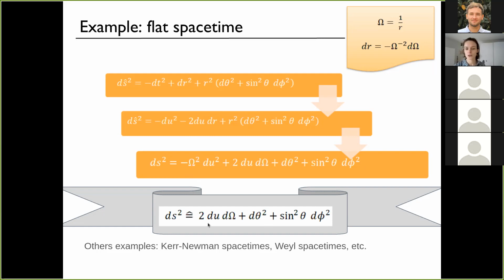This is the induced metric, and in fact this induced metric is exactly the part of the universal structure. And any other example of an asymptotically flat spacetime, such as the Kerr-Newman spacetimes or Weyl spacetimes, or certain subclasses of the Weyl spacetimes, etc., will have a similar induced metric.